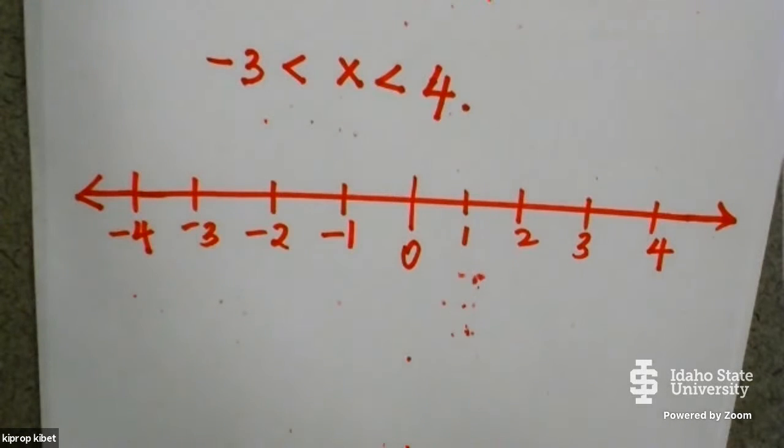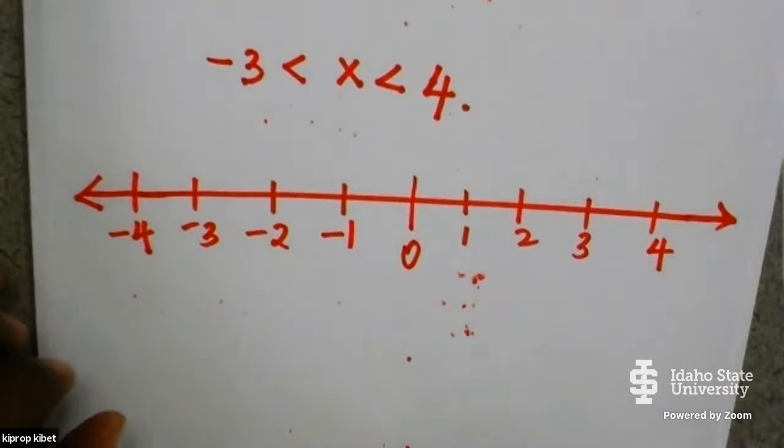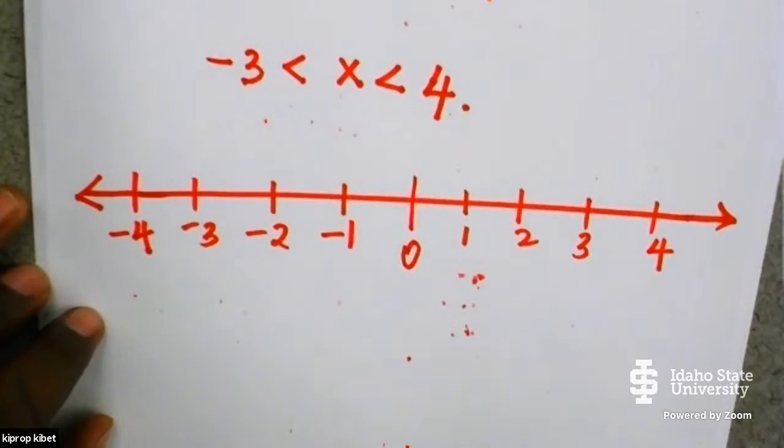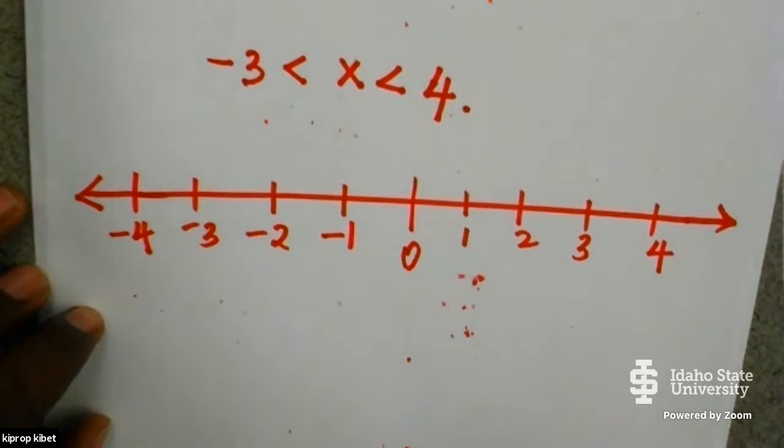So here is our minus 3. And then we have the 4 here. So it is between minus 3 and 4. As you can see, these are parentheses, right? Yes. We use the parentheses because these are less or greater.